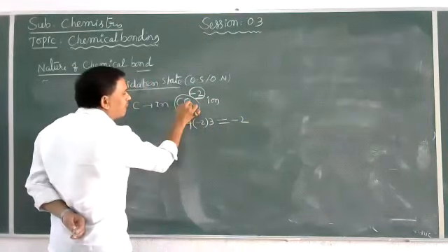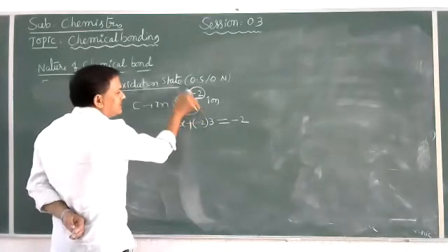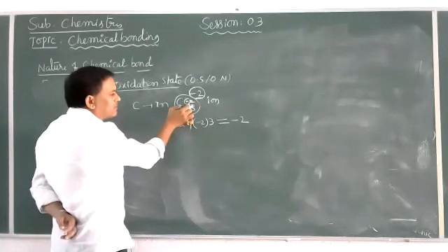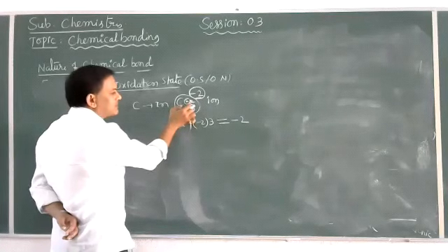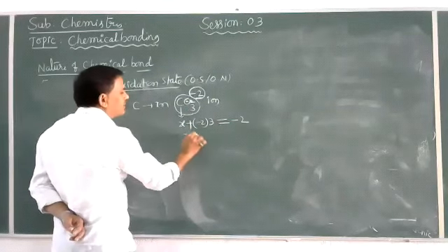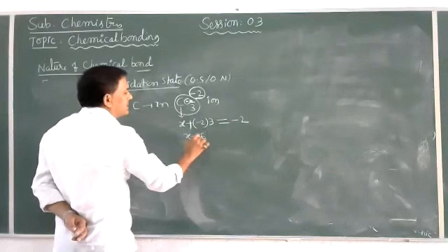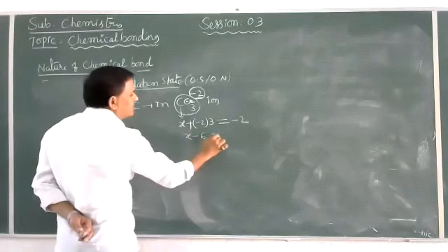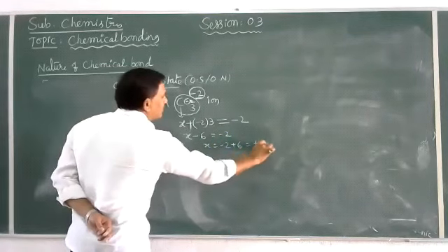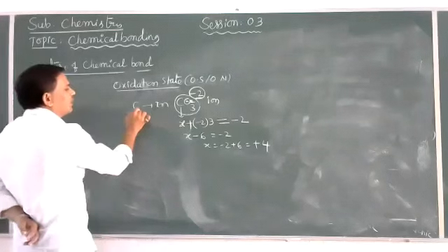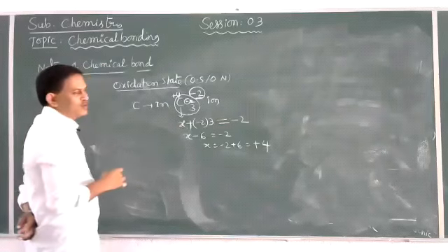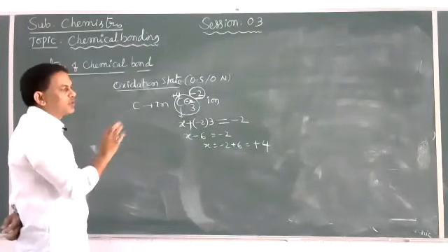This minus is for oxygen, this minus is the whole charge. So x minus 6 is equal to minus 2, x is equal to minus 2 plus 6, that is plus 4 oxidation state. So the carbon oxidation state in this is plus 4, oxygen is minus 2. This is the way to calculate.